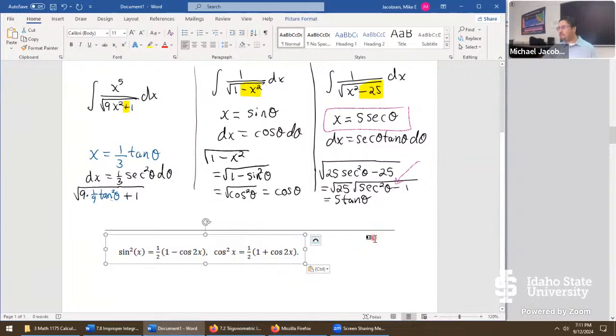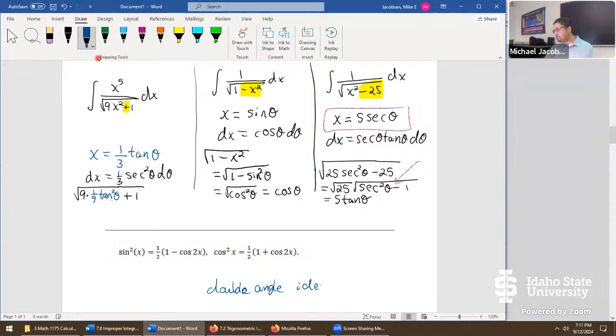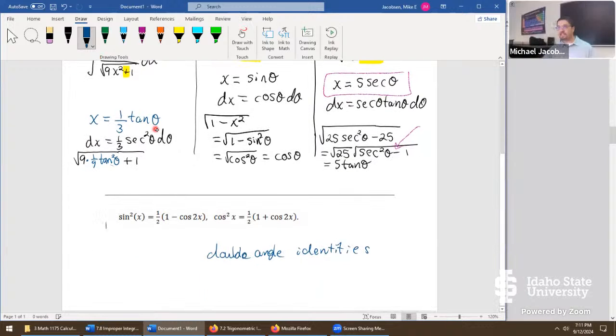But if it's other random things, like for example, sometimes you might notice I put a hint on the homework that there's a double angle identity. There's a bunch of these as well, double angle identities, but a common one is sine 2x equals 2 sine x cosine x.